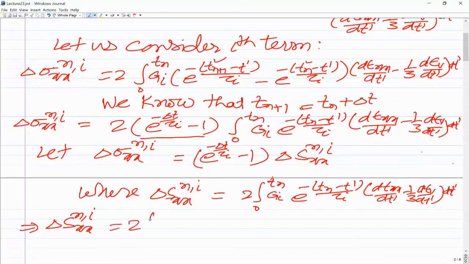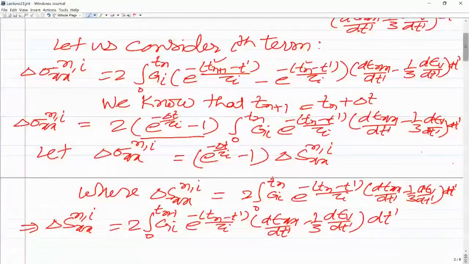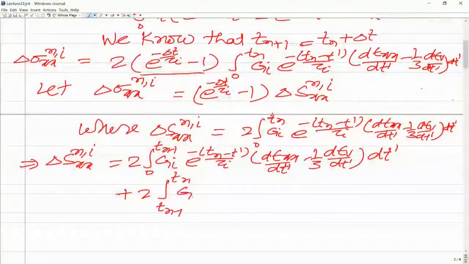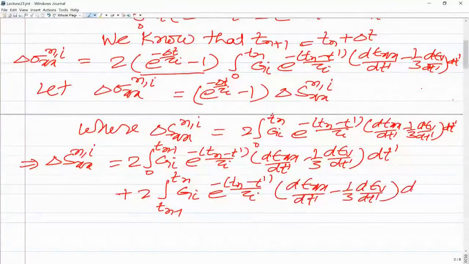So twice the integral 0 to tn minus 1, and then we will have gi e to the power minus (tn minus t dash) upon tau I into d of epsilon xx by dt dash minus 1/3 of d of epsilon v by dt dash into dt dash, and then plus twice the integration from tn minus 1 to tn, and the integrand is the same, gi e to the power minus (tn minus t dash) upon tau I into d of epsilon xx by dt dash minus 1/3 of d of epsilon v by dt dash into dt dash.